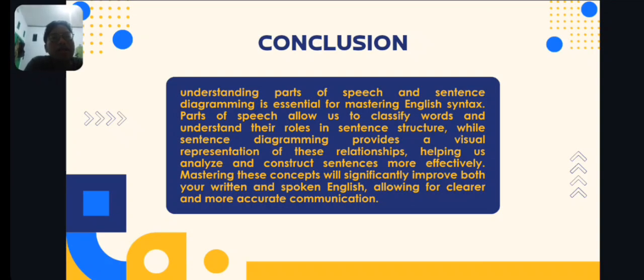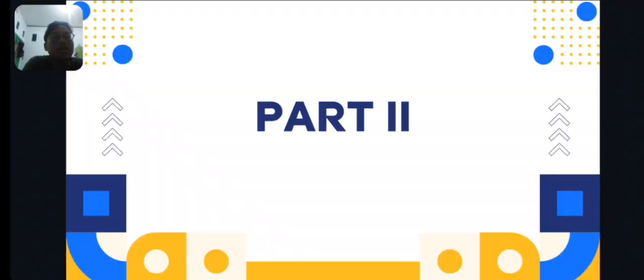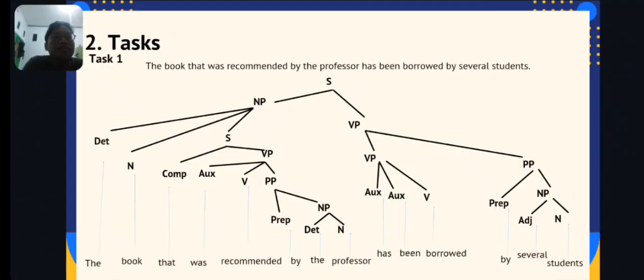Mastering this concept will significantly improve both your written and spoken English, allowing for clearer and more accurate communication. So this is part 2.